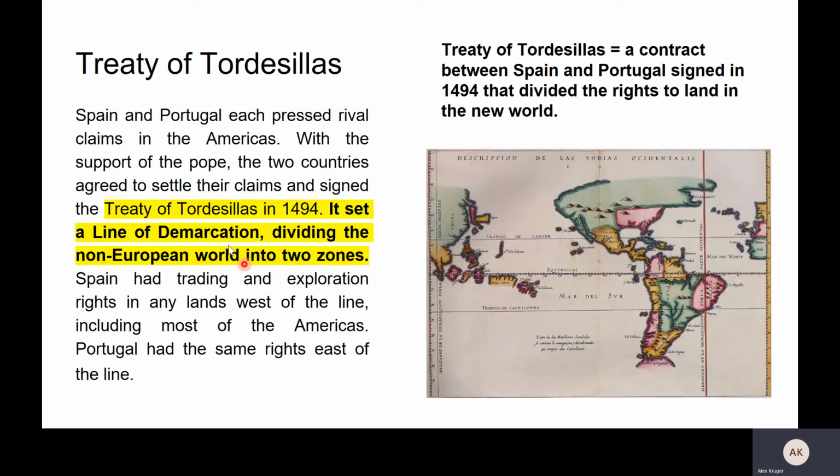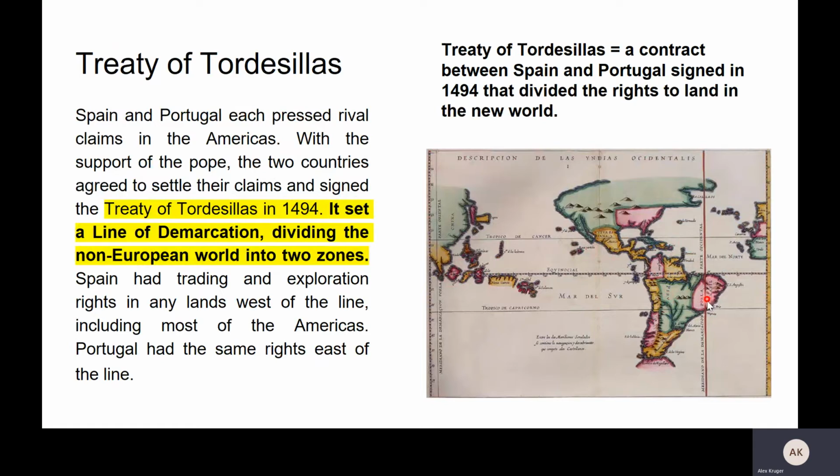Actually, no, we won't. So, Treaty of Tordesillas. Spain and Portugal, who were the first nations to discover the Americas, were rivals, and they wanted to settle their claims. So the Pope decided to sign the Treaty of Tordesillas, and that set the dividing zone between the non-European world into two zones.